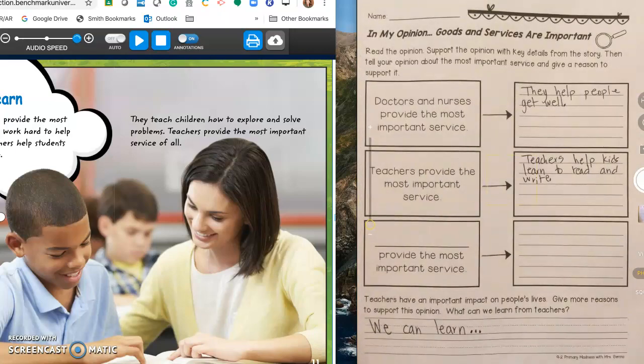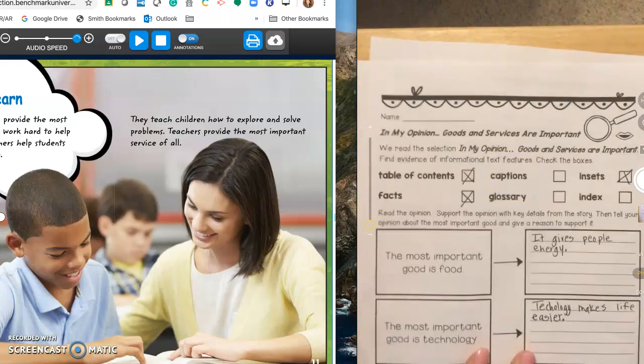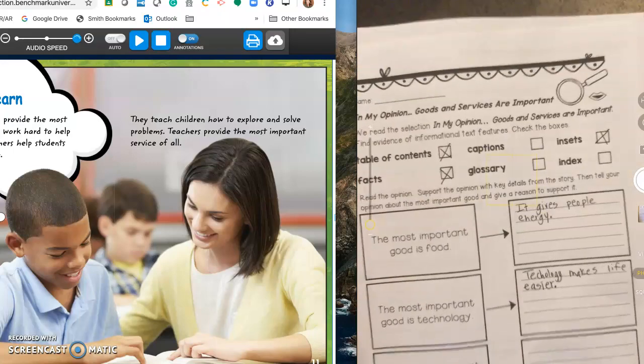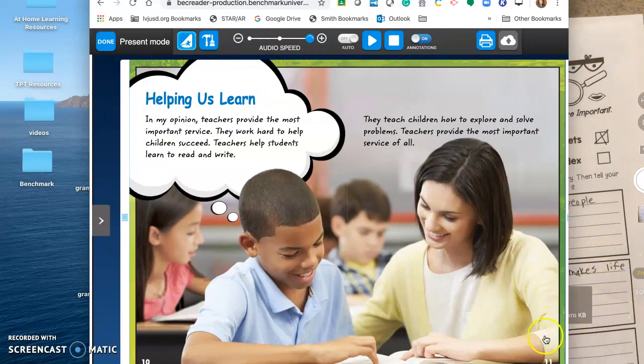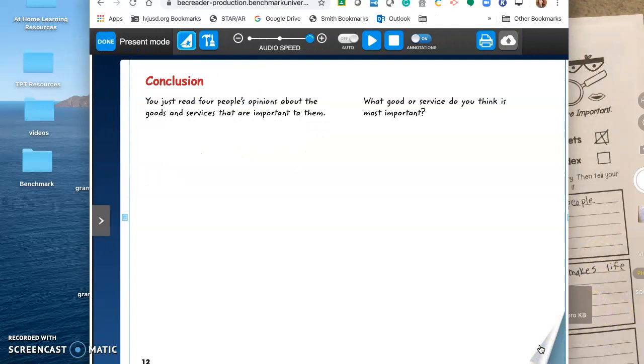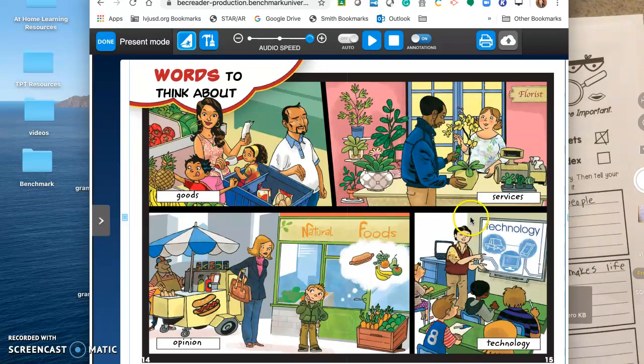Okay, now I'm quickly going to go back to the first page, and we are still looking for some features in our book. So I'm just going to flip through and see if I have an index, a glossary, or captions in this text. Okay, words to think about, that counts as a glossary because it is a picture glossary.